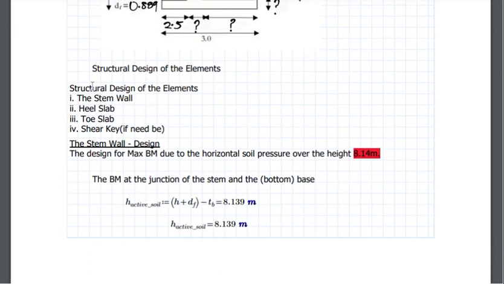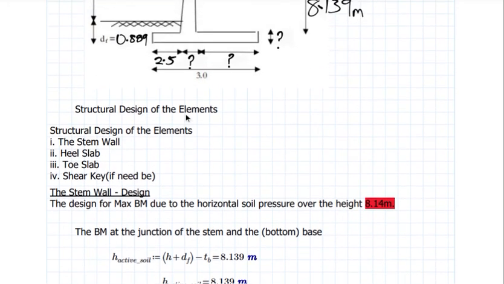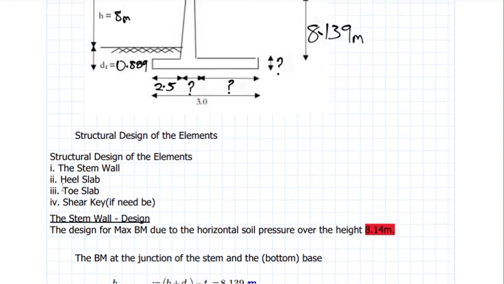So these are the elements we are designing for in this retaining wall. We are designing for a stem wall, which is this, and the heel slab, this is it. Then the toe slab, this is the toe slab. And then this shear key only applies when your passive force is higher than the resisting force coming from the passive side.